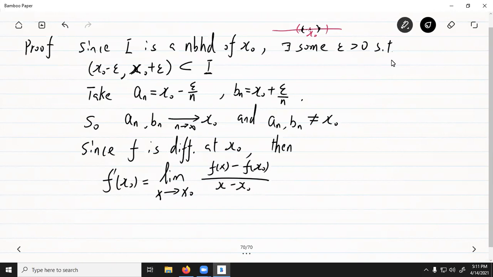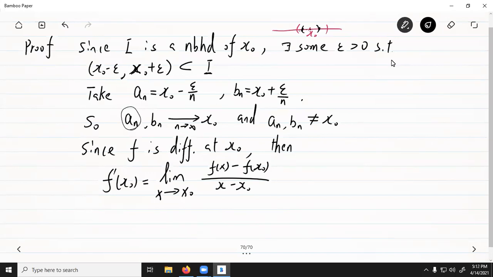This is the definition. Now x approaches x0, and we know An also approaches x0.